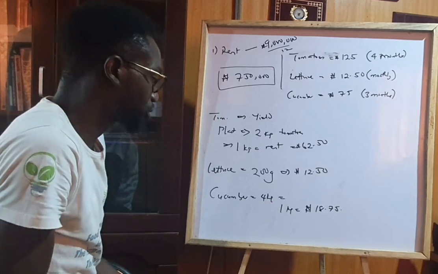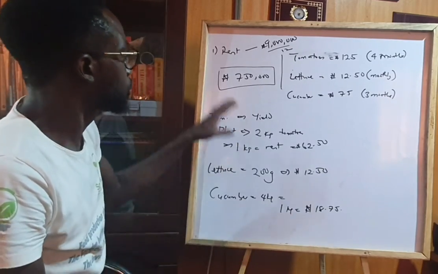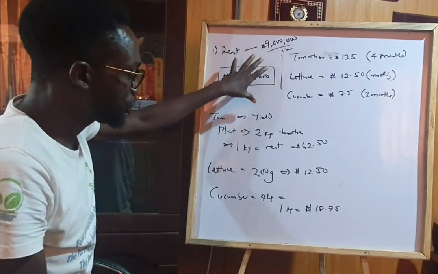So what I would want you to do is try and see if you can do a rent cost for your different products. So take the video step by step.